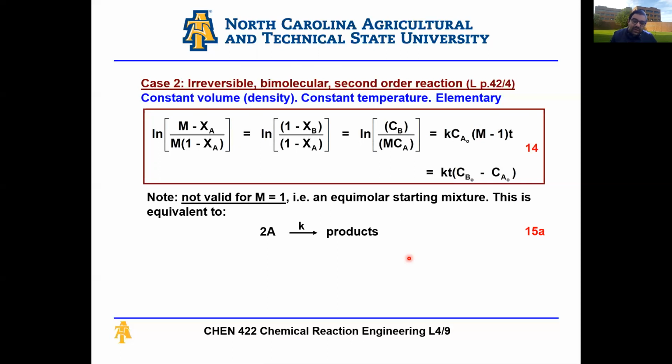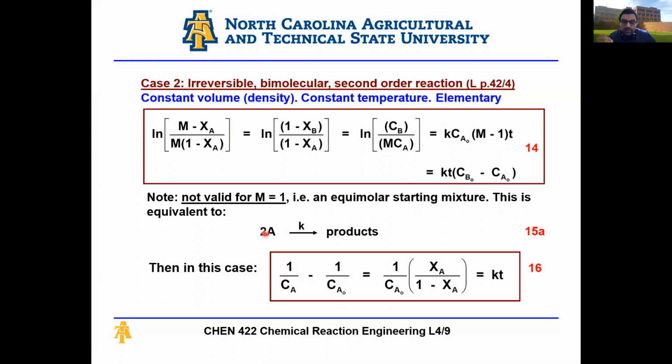So for the case of m equals 1, it's equivalent to having 2A reacting to give me a product, and not A plus B. So in the case where I have an equimolar starting mixture, or 2 of one species going to a product, you need to use this expression instead, right?